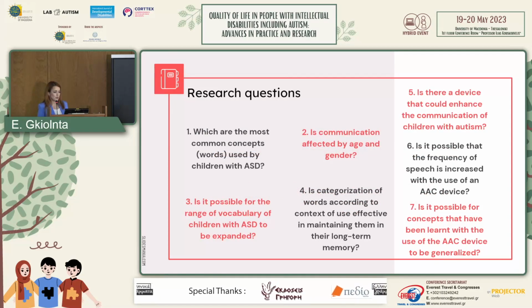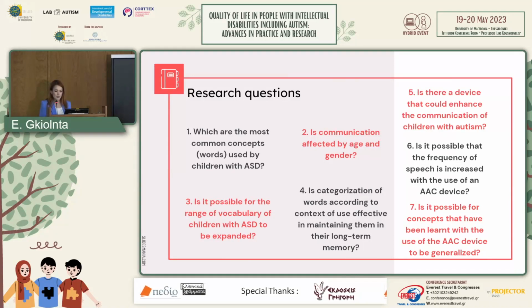The research questions were 7 in total. The first is, which are the most common concepts used by children with ASD? The second, is communication affected by age and gender? 3, is it possible for the range of vocabulary of children with ASD to be expanded? 4, is categorization of words according to context of use effective in maintaining them in their long-term memory? 5, is there a device that could possibly enhance the communication of children with autism?